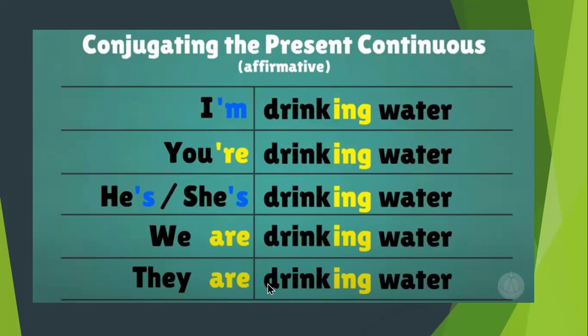And that is one possibility. Perfect. Excellent. And what is the other possibility in the short form? They aren't drinking. And for he, she? She isn't. Correct. Very good.